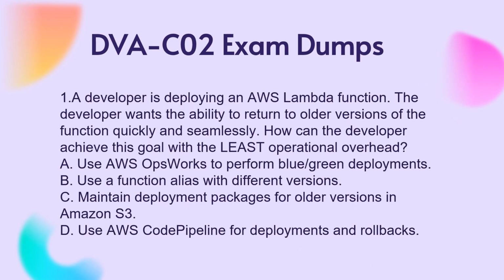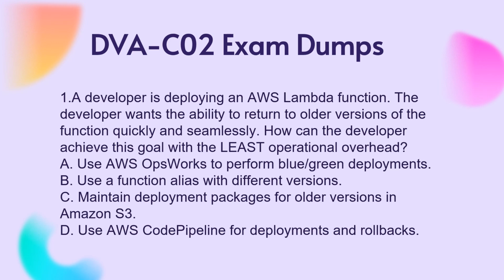1. A developer is deploying an AWS Lambda function. The developer wants the ability to return to older versions of the function quickly and seamlessly. How can the developer achieve this goal with the least operational overhead? A. Use AWS OpsWorks to perform blue-green deployments.